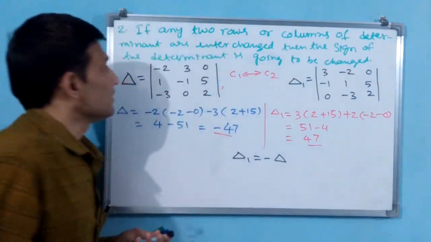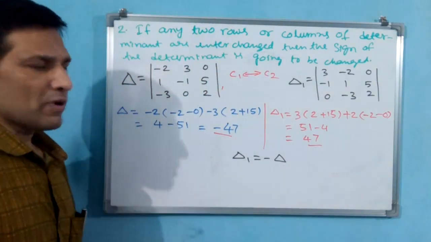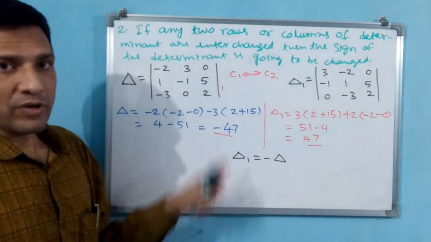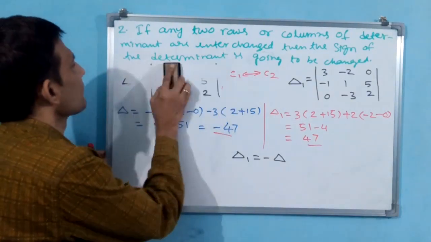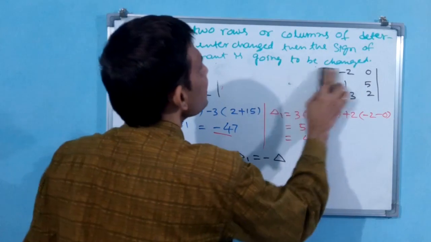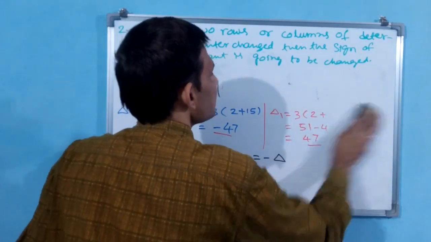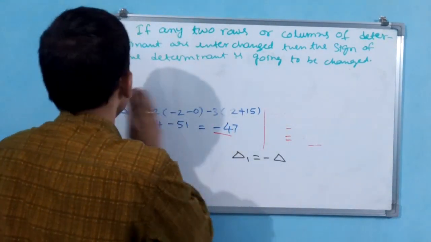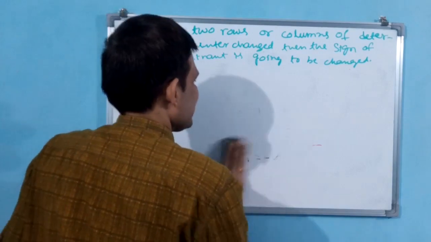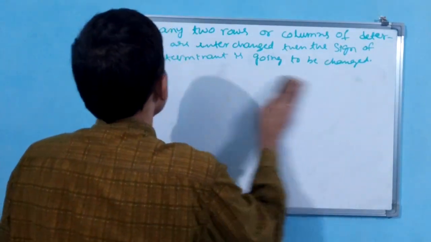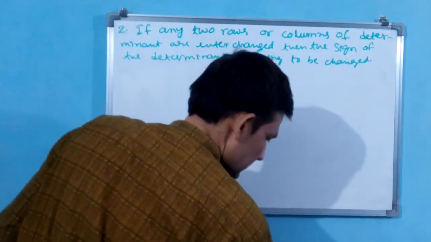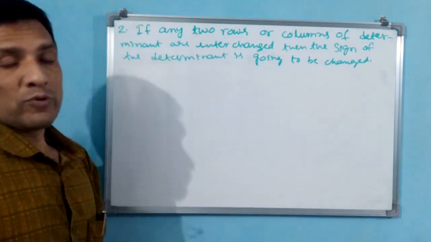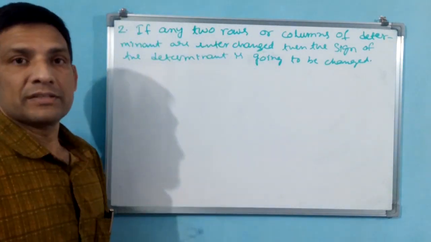Now see, this is verification. We go for proof. See, now columns we have interchanged. In proof, we will interchange rows. Why are we doing proof even after verification?